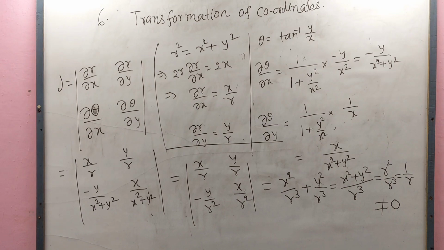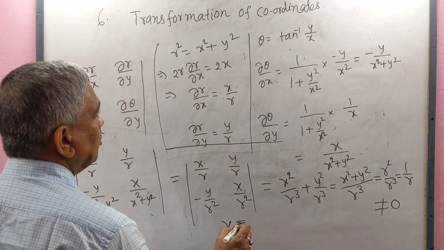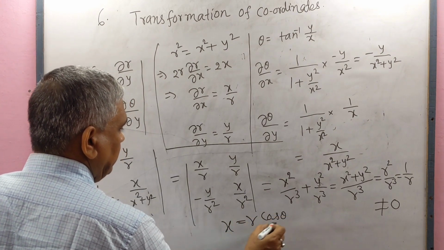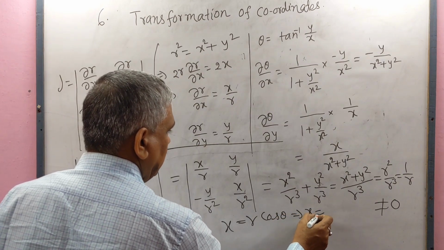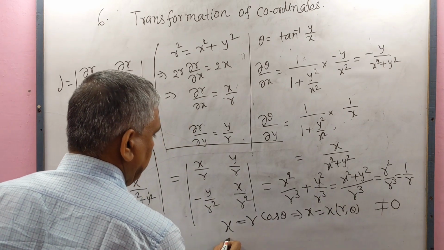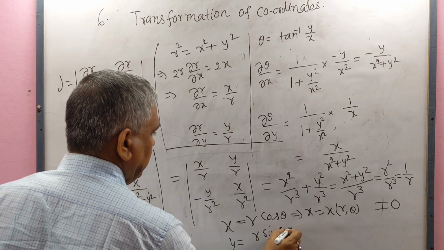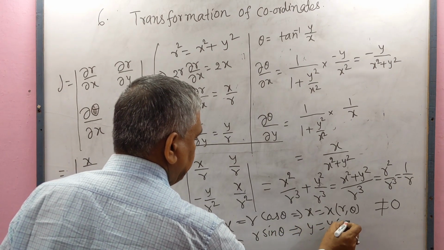So we may relate the Cartesian system of coordinates with the polar system of coordinates as follows: x equals r cos theta, that is x is a function of r, theta, and y equals r sin theta, that is y is a function of r, theta.